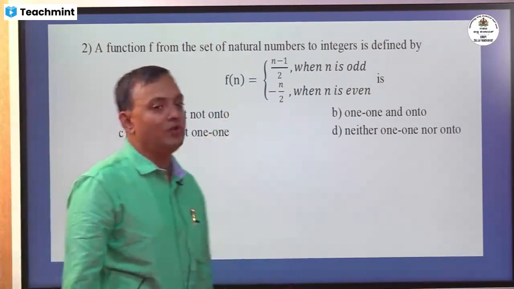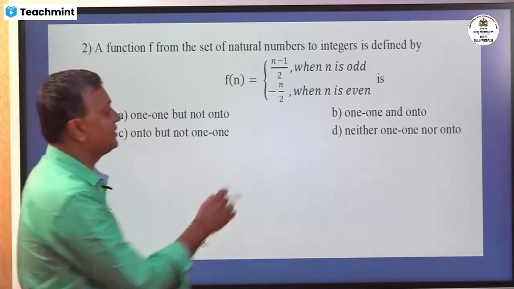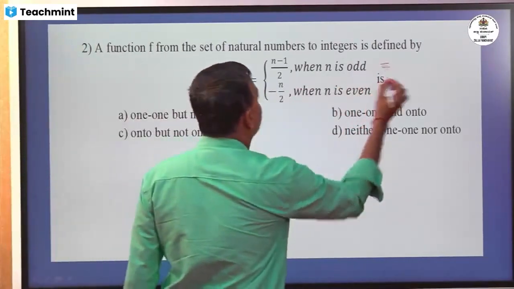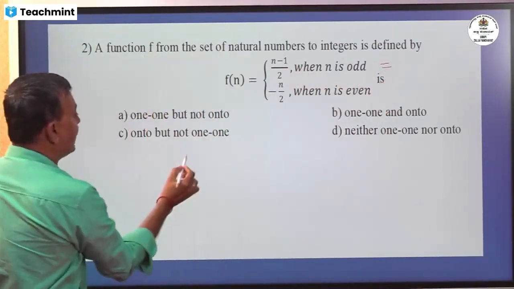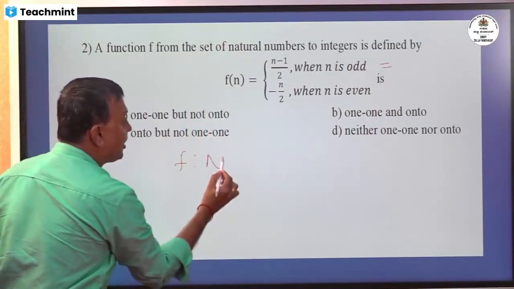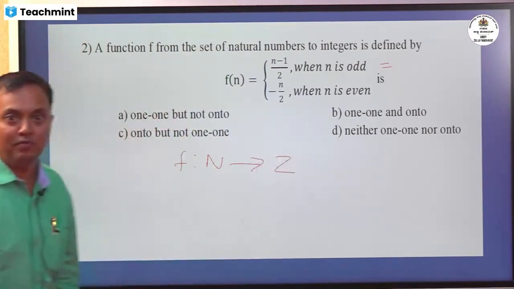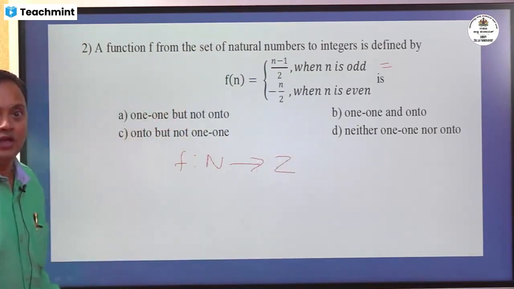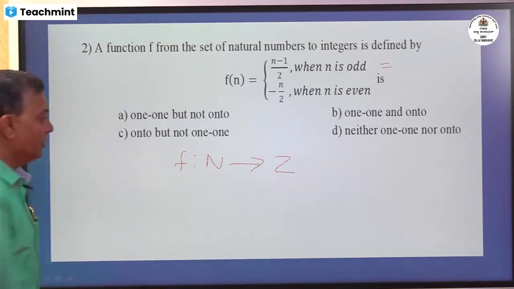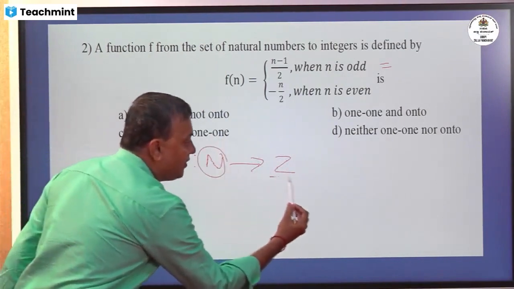Now, one function. First, we can easily write the images. Here the function is defined from the set of natural numbers to integers. Correct? So the function from N to Z. For it to be one-one, different natural numbers must have different images.